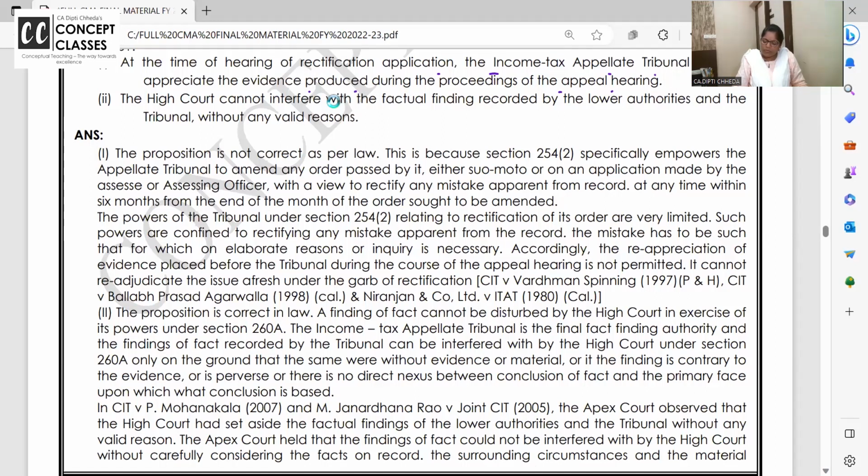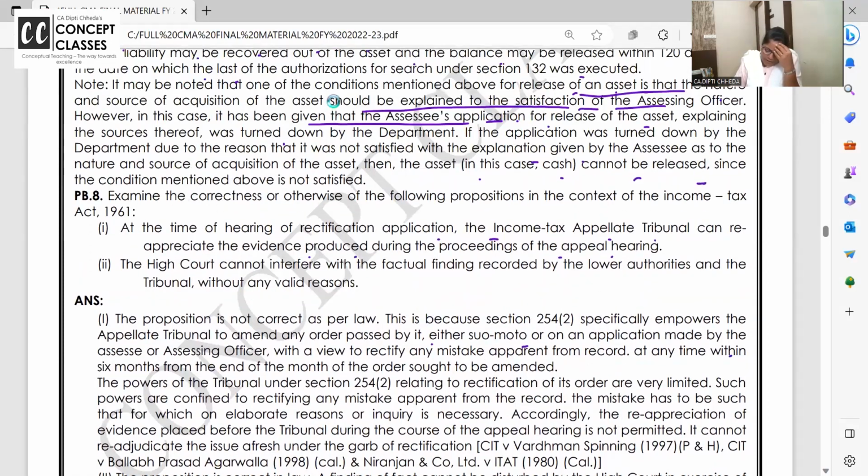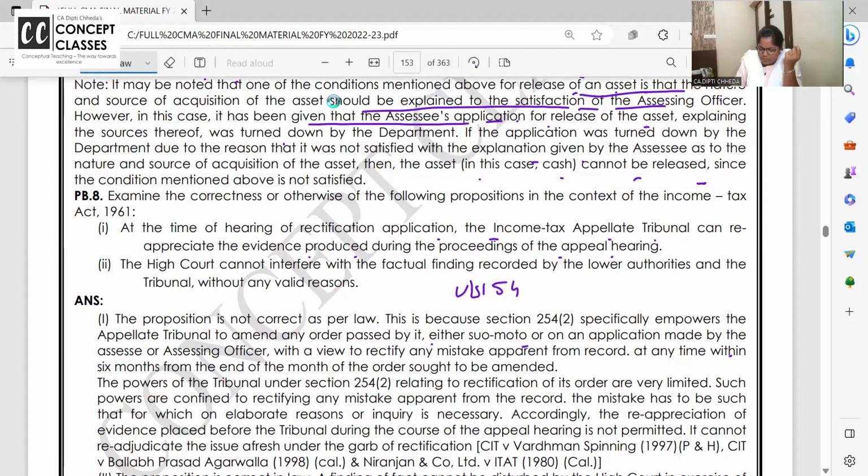This is because 254 specifically empowers the tribunal to amend any order passed by it, either suo moto or on an application made by the AO, with a view to rectify. I'm just reading so that we can recollect. Remember one thing, whenever they talk about ITAT, all the orders passed by the AOs, whether 143, 144, 147, can be rectified under section 154.